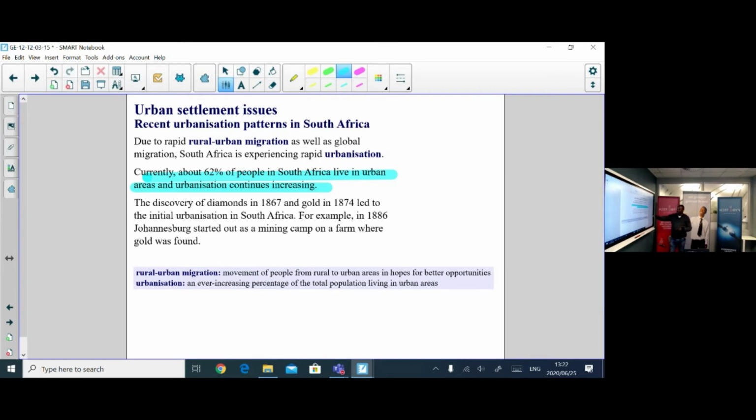That resulted in Johannesburg becoming a town, then a city, eventually becoming the conurbation that it is today.